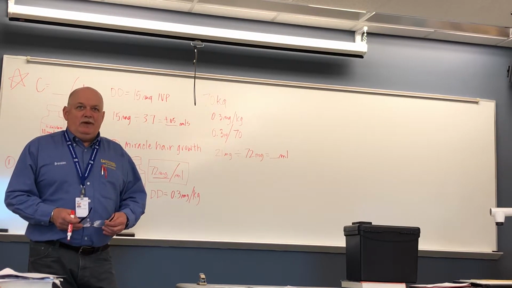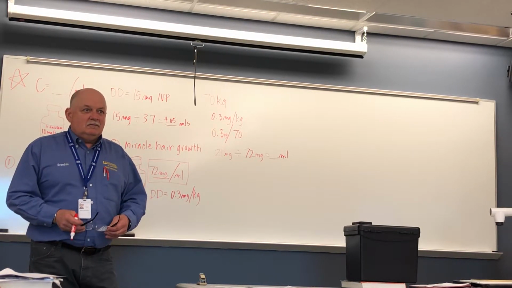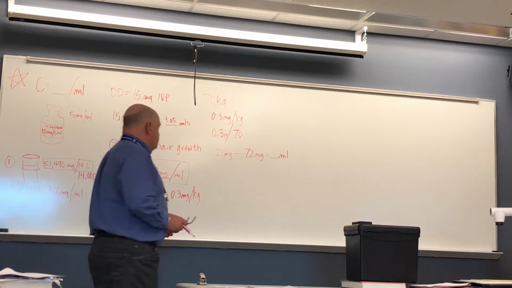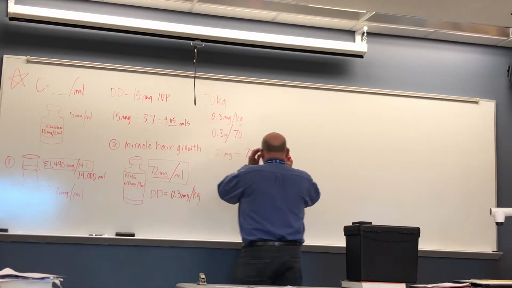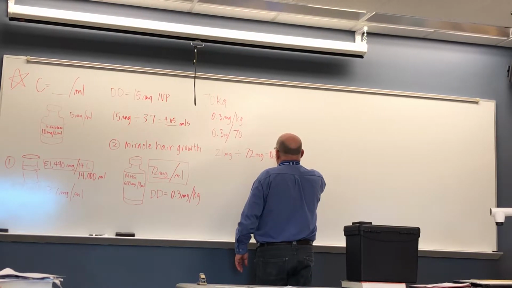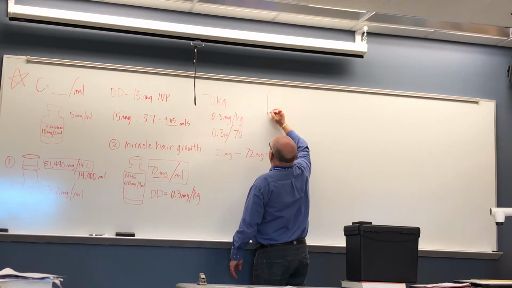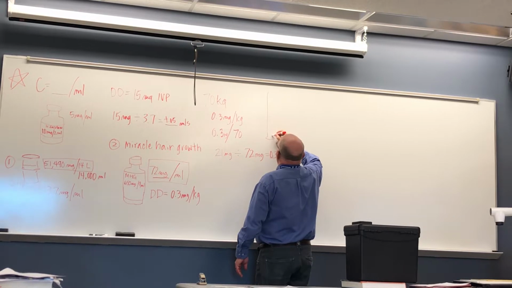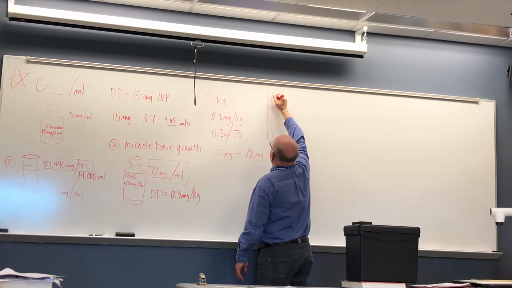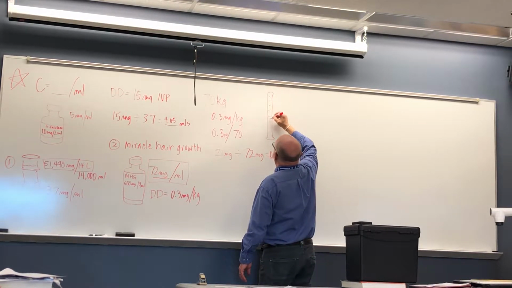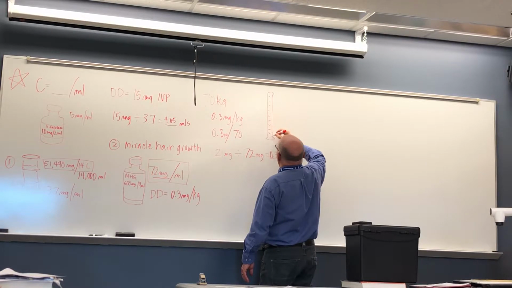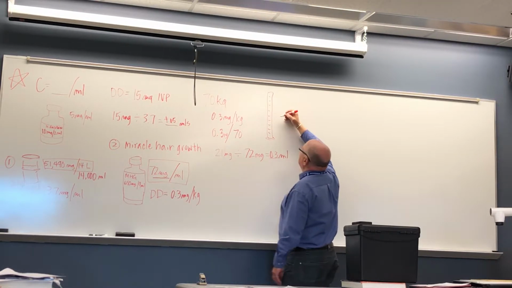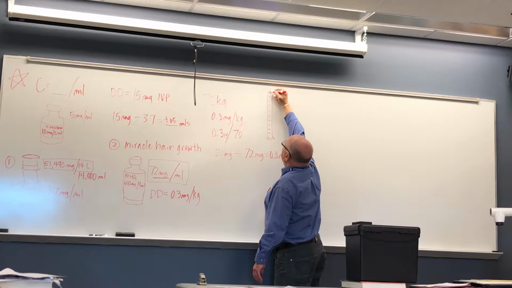So if you take a 1 ml syringe, what's 0.3 of 10? 3/10 of it. So you go 0.3 mLs. Here's your 10 ml syringe, 1, 2, 3, 4, 5, 6, 7, 8, 9, 10. Would that be a 1 milliliter syringe? I'm sorry, a 1 ml syringe.